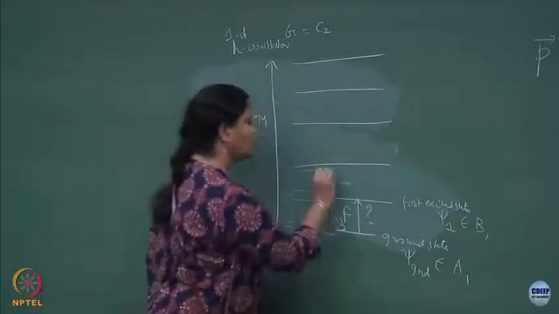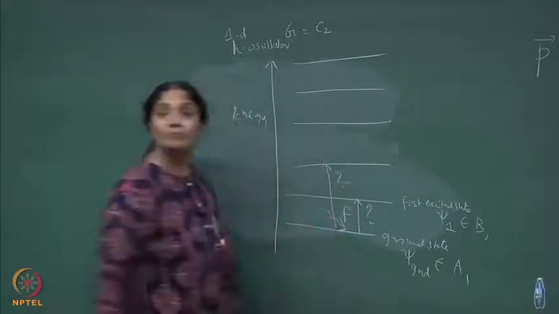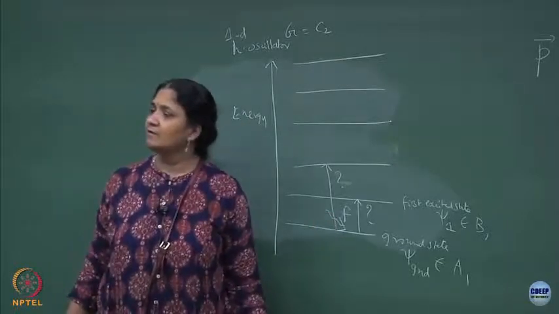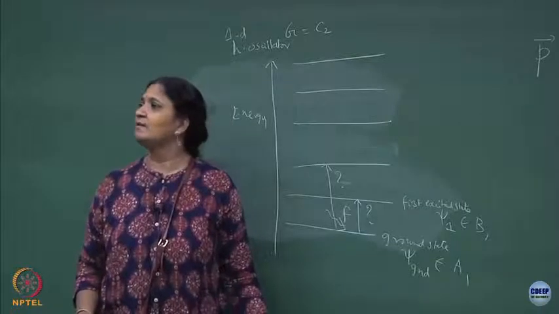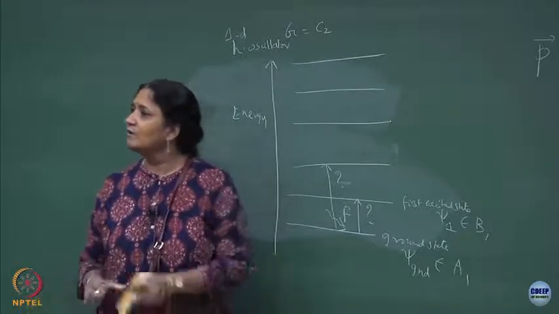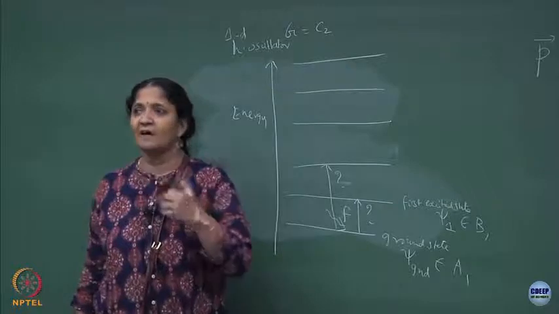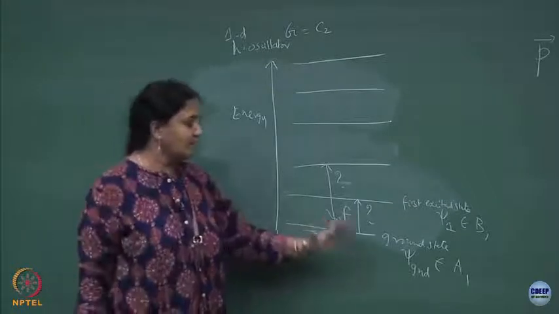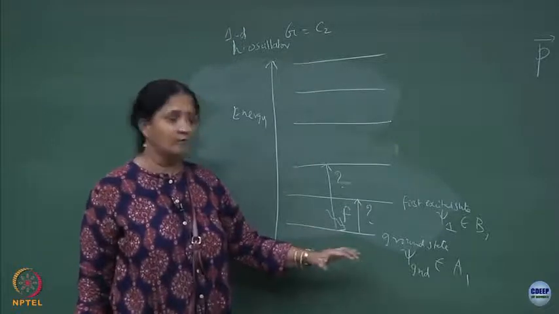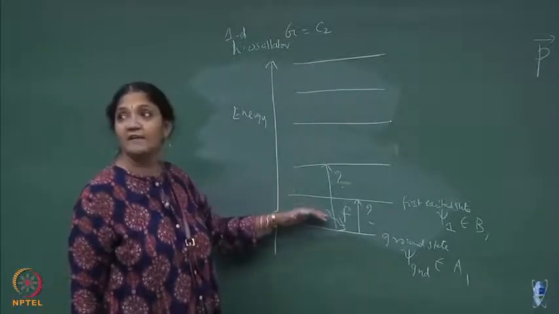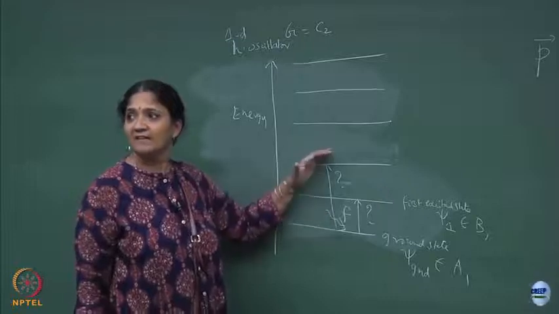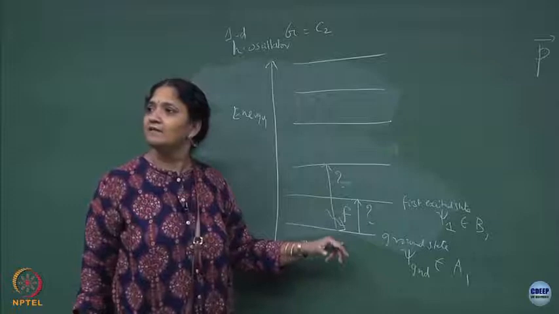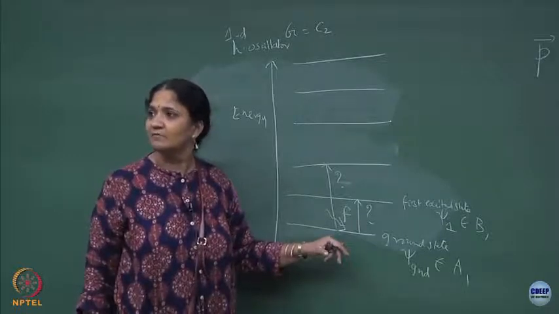Are both possible? Something is possible, something is not possible, is the question we are asking. You understand the question? Is there a transition allowed going from an initial state to a final state due to interaction by some operator associated with it?